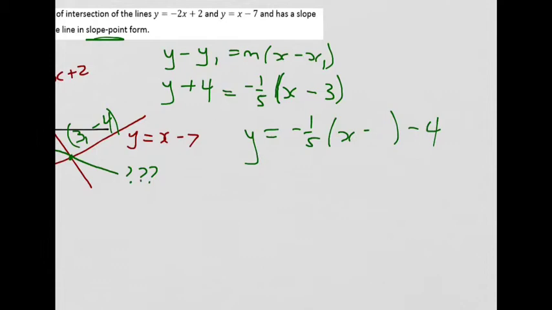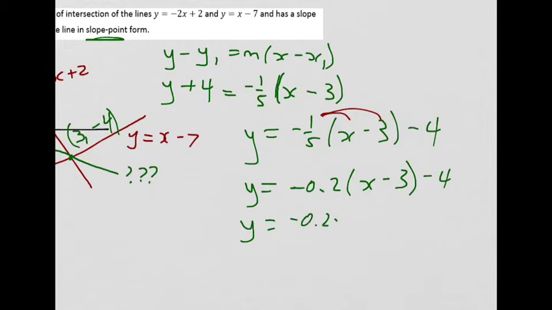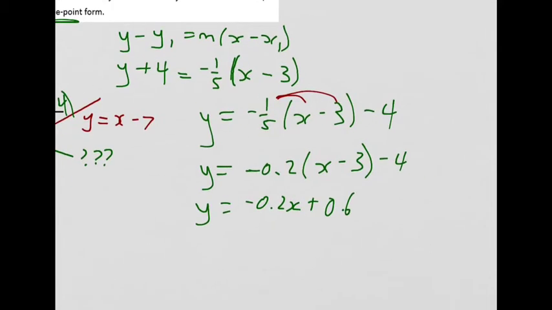Then I'll multiply in the -1/5. So actually, just to make the math a little easier, I'm just going to make that -0.2. So that gives -0.2x plus 0.6 minus 4, -0.2x, and 0.6 minus 4 is -3.4.